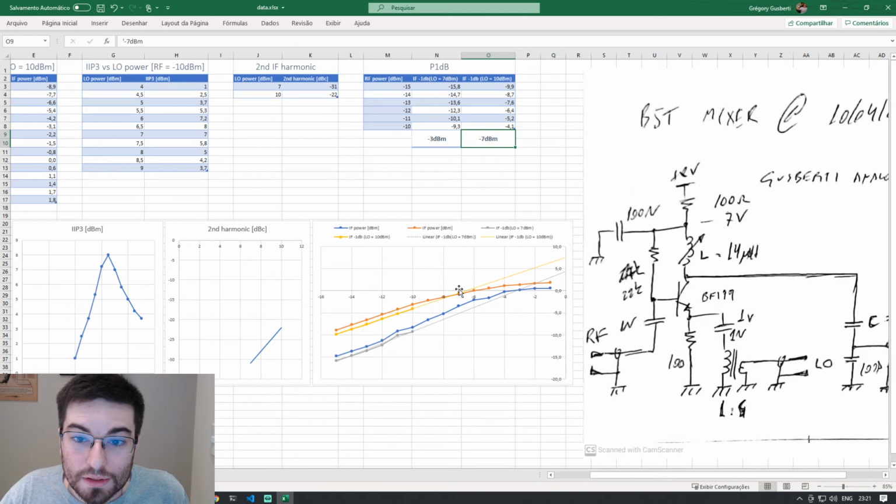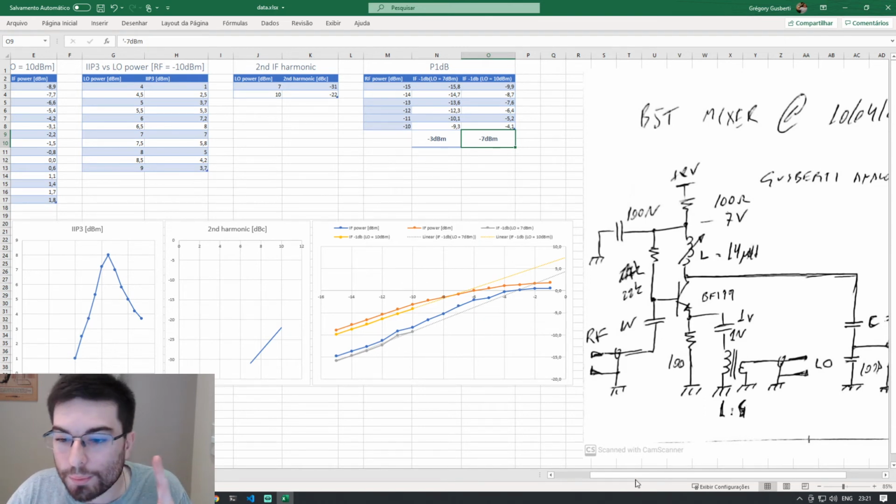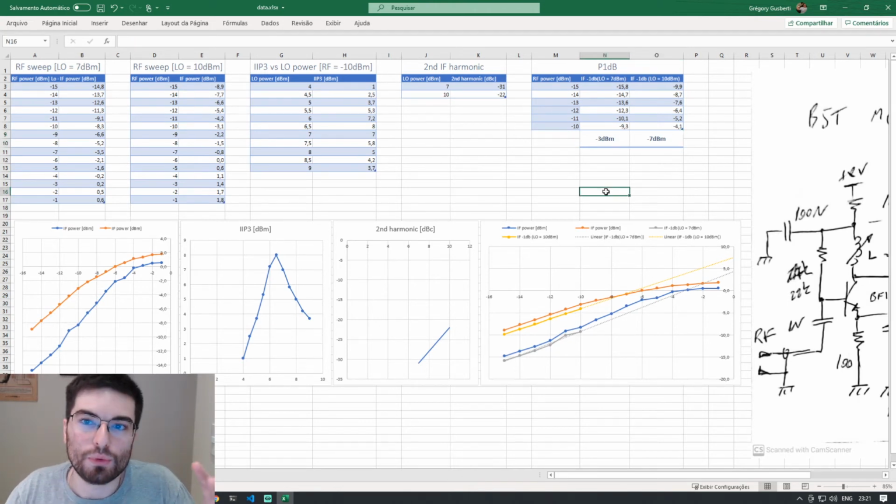And this is shown here by the 1 dB compression being first, before. And this is telling us that when we input 10 dBm at LO, we are going to have an output with more harmonics.